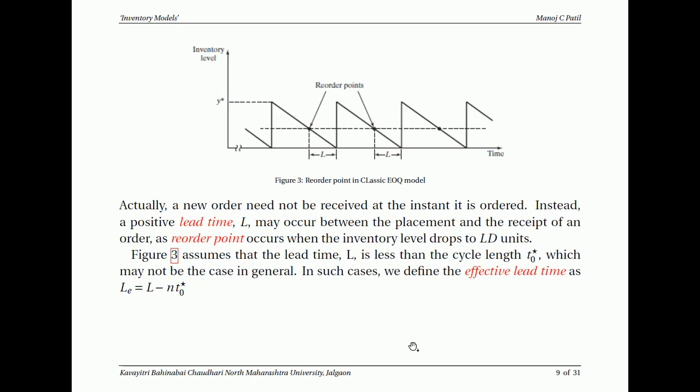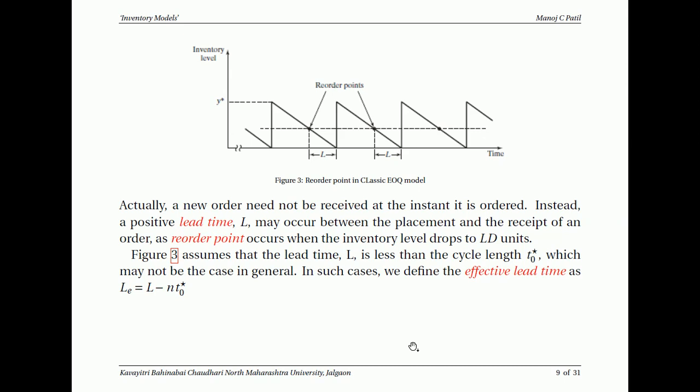Let's take the ice cream example. Suppose it is imported ice cream, and it takes 1.5 months to reach here after my order. Every time I'm ordering in 1 month, and I am getting it in 1.5 months.